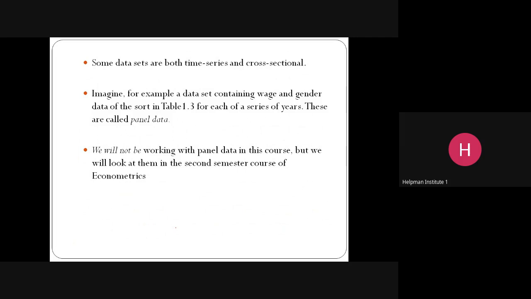Remember, we said that wage is numerical data, whereas gender is not numeric. These are called panel data. We will not be working with panel data in this course, but we'll look at them in the second semester course of econometrics.